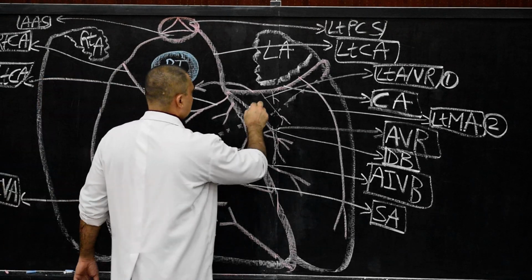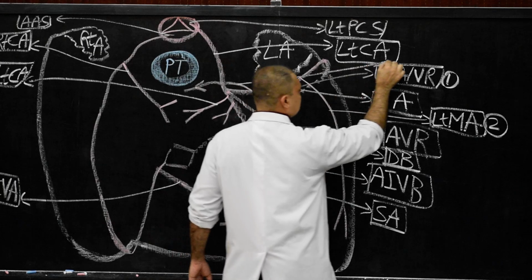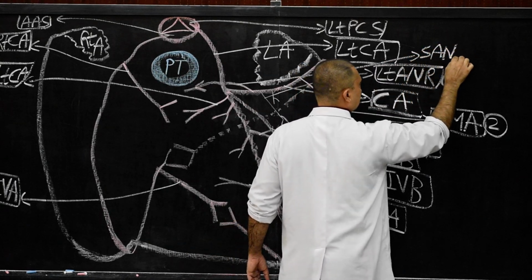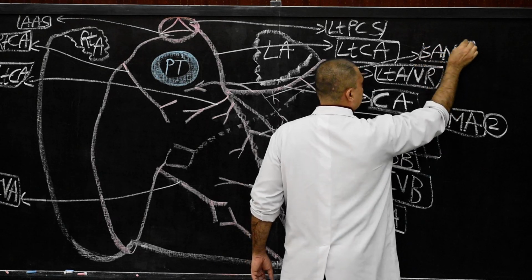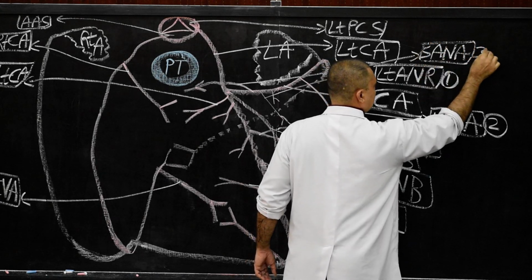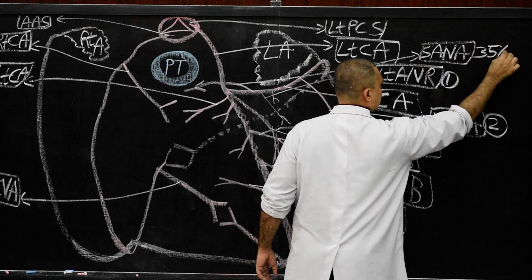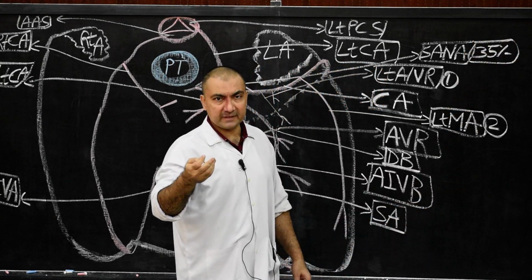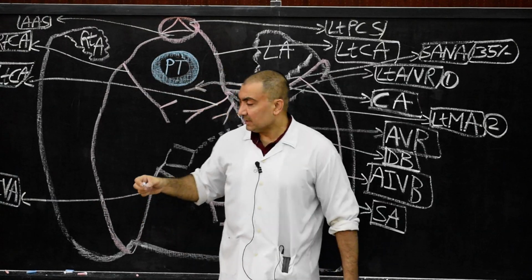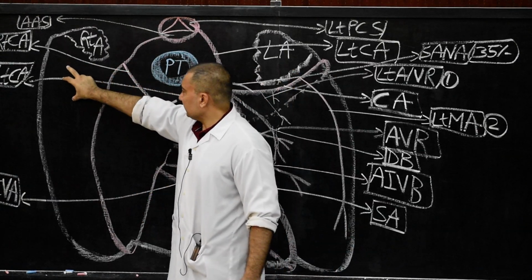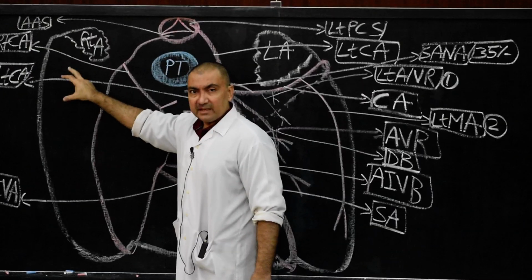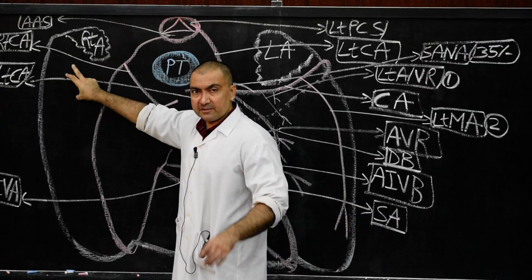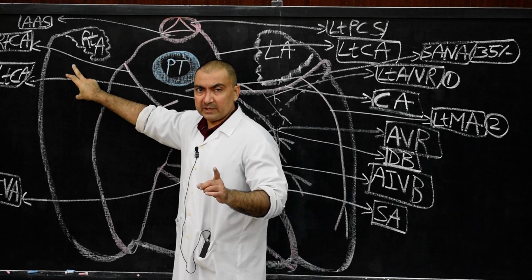So I am going to mark this on this side as the sinoatrial nodal artery, and we are going to write in 35% of cases, because we have already discussed that in 65% of cases the SA node will be supplied by the sinoatrial nodal branch of the right coronary artery. 65% of cases, this is asked in MCQs or 1 mark questions.